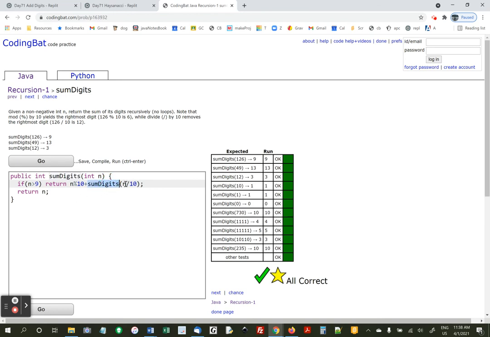This time we're lopping off that rightmost digit. So this will just keep happening. If it was a really big number, it'll just keep happening until it gets down to the last digit, which is no longer a 2-digit number. It'll just return that number because we're trying to add up all the numbers. That's where it goes. All right.